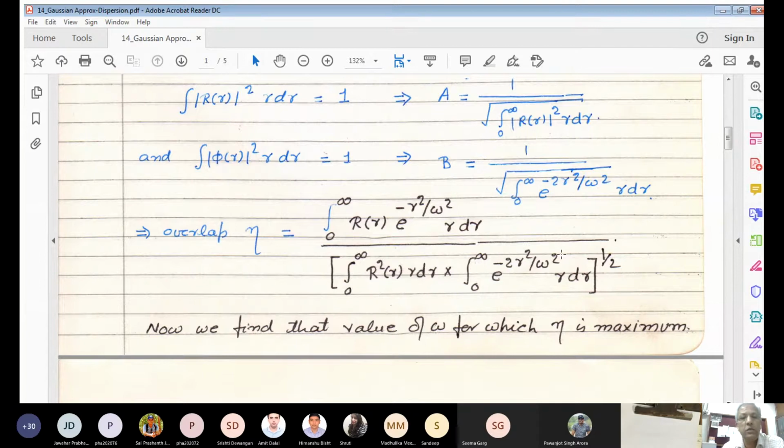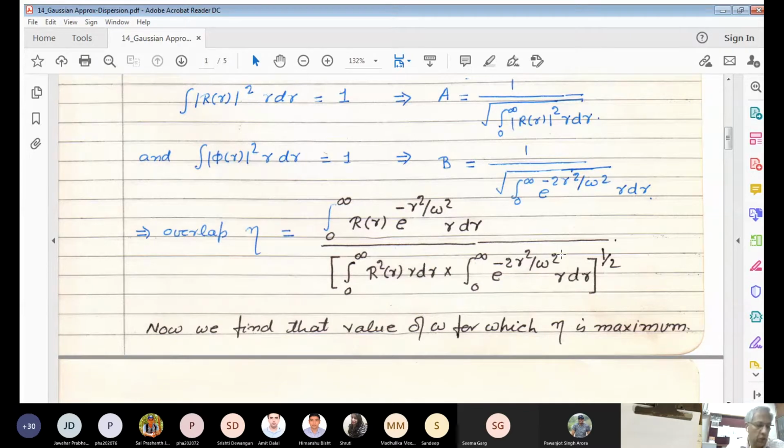The overlap integral is nothing but the amplitude of the mode, and the square of the amplitude gives you the power. So η squared would be the coupling efficiency. This is the amplitude of the fundamental mode when a Gaussian beam of spot size w is launched at the input end. In the Gaussian approximation, we find that value of w for which η is maximum.